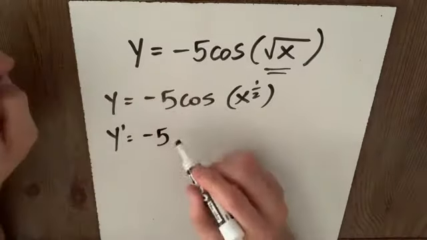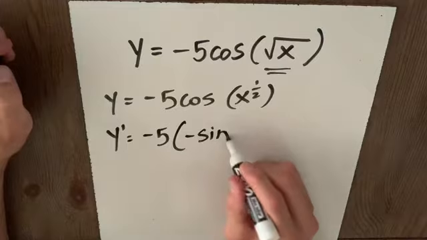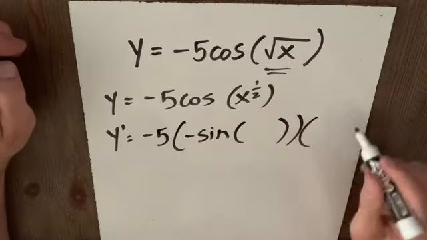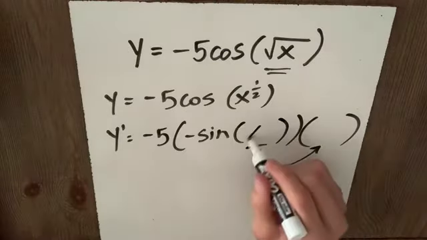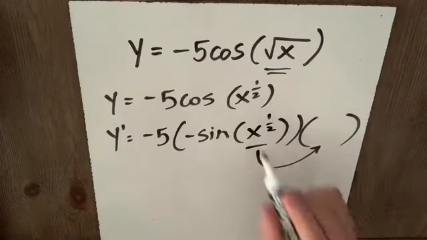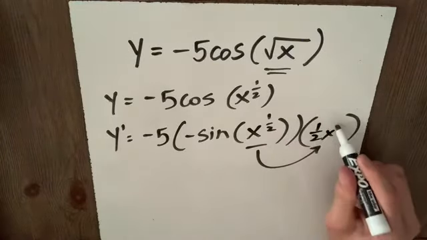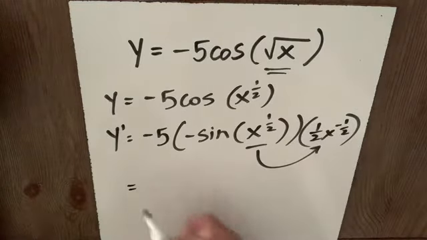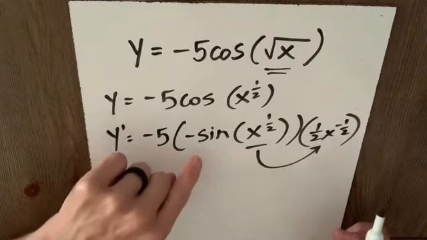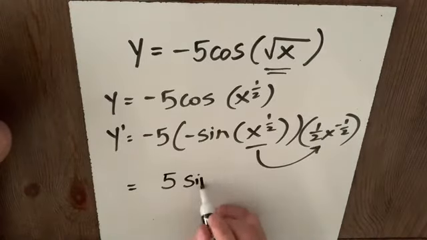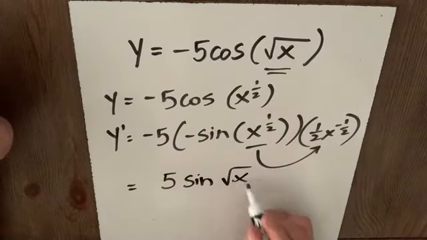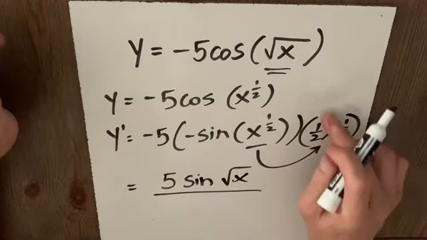The derivative of cosine is negative sine of whatever's in parentheses, and the chain rule says take the derivative of whatever's in parentheses. So this is x to the 1/2, whose derivative is 1/2 x to the -1/2. So we get negative times negative is positive 5 sine, this stays unchanged, square root of x, divided by, well, 1/2.